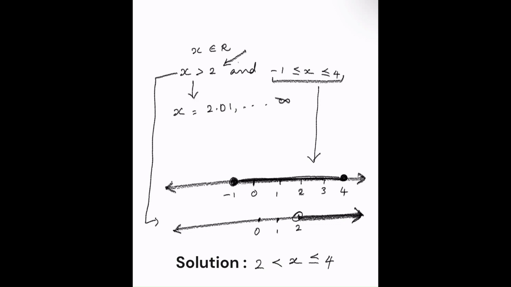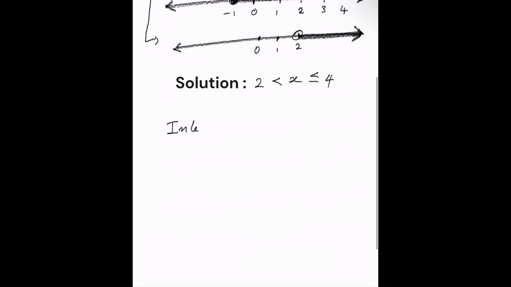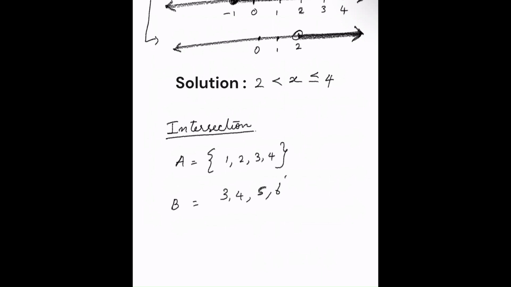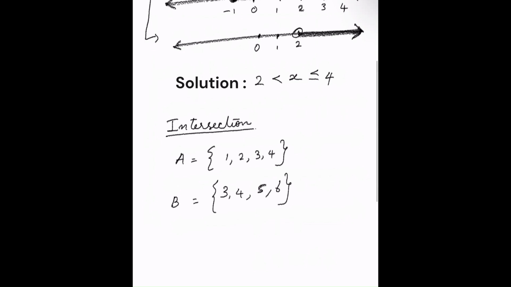2 is not included. In sets, we have learned about intersection. What is the meaning of intersection? Assume that I have a set A = {1, 2, 3, 4}, B = {3, 4, 5, 6}. Intersection is denoted by the symbol ∩, an inverted U. That's how intersection is denoted.